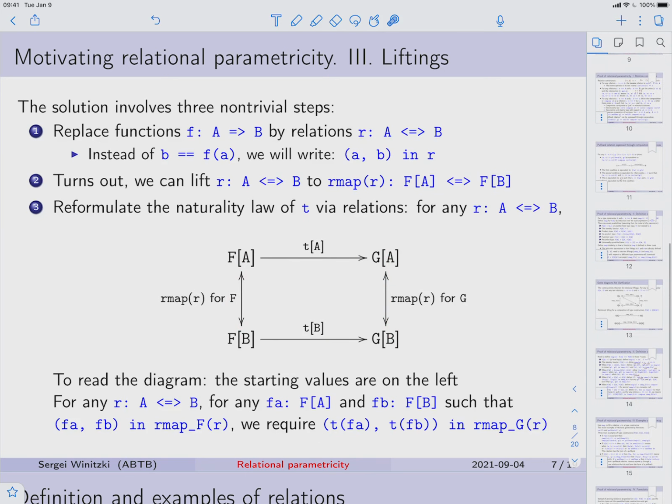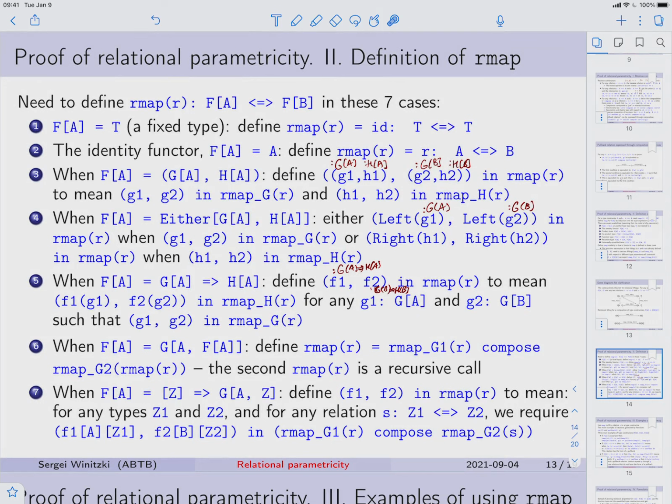So that is why it is defined like this, so that I have correct naturality laws later.